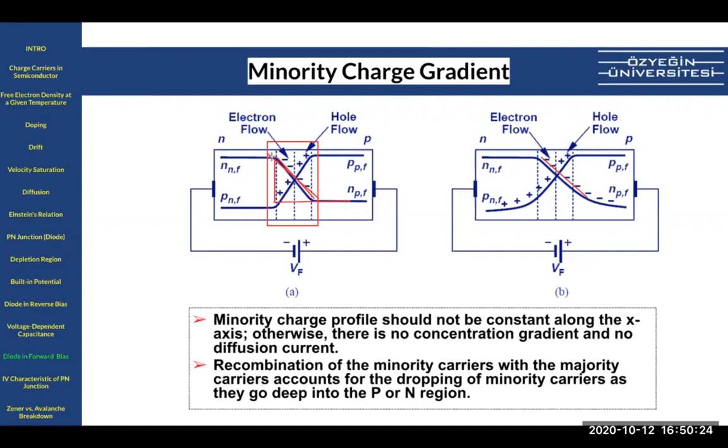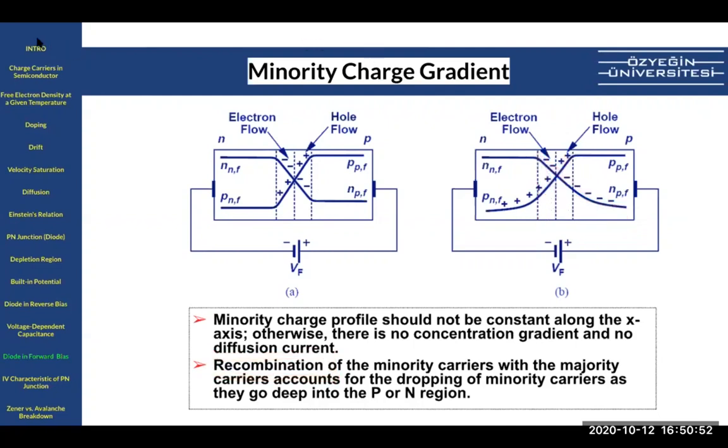Those recombination effects make it much more a polynomial curve compared to a linear curve. So the curve becomes much more like this, rather than linear. And this is due to the recombination of the minority carriers in these regions.